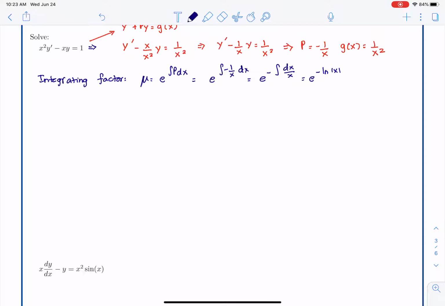From algebra, if there is a negative number between e and ln, we can't directly cancel them out. So we're going to use the power rule of logarithms to move the negative one inside. Now the e and the ln would get cancelled. So we have mu to be x raised to negative 1, so the integrating factor is simply 1 over x.